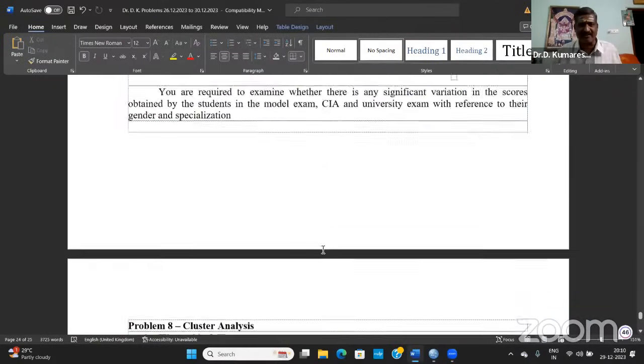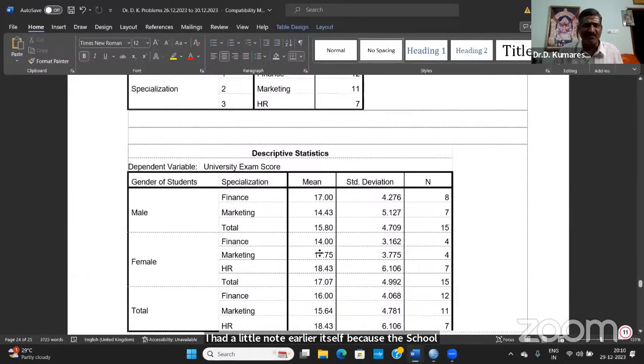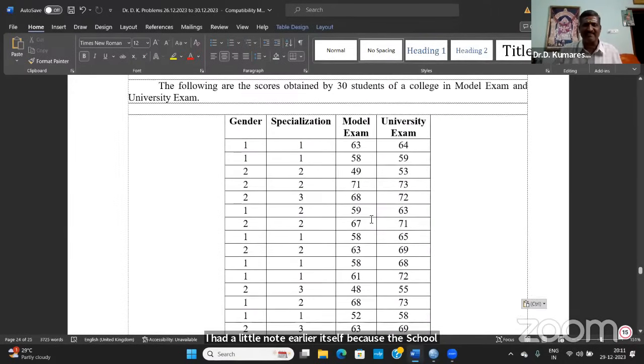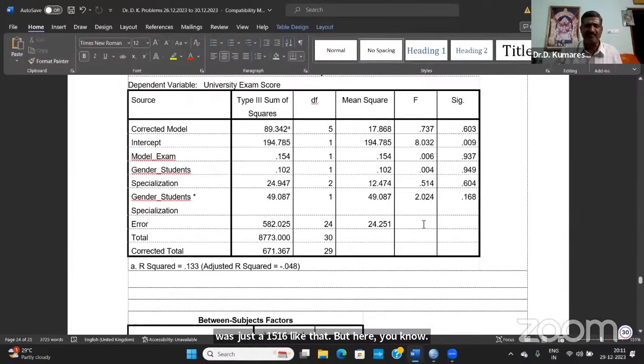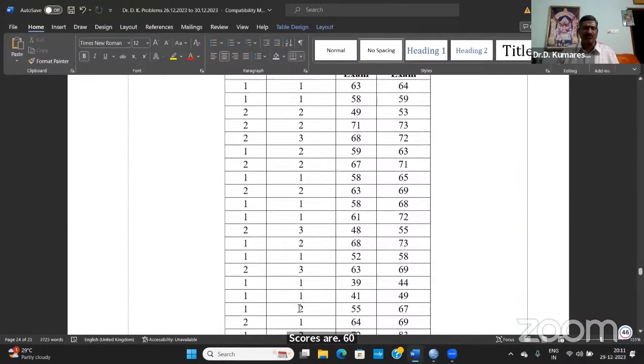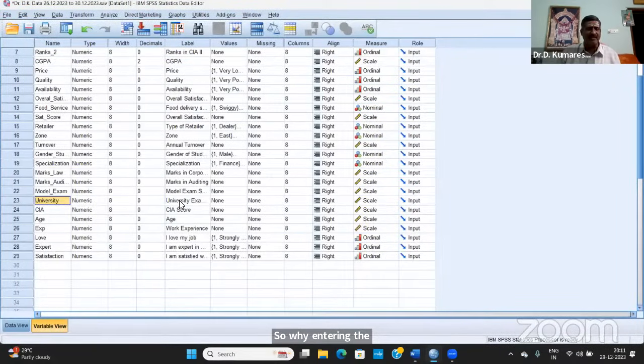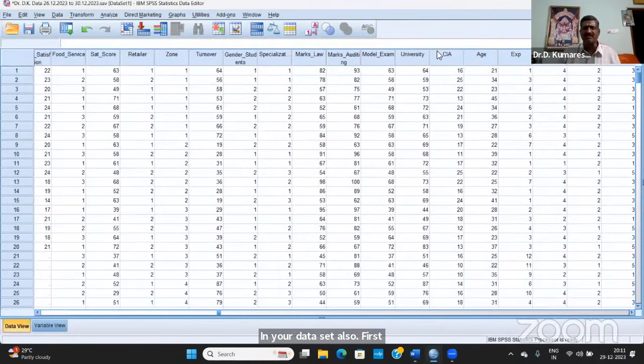I had a little doubt earlier itself because the score was just 15, 16 like that. But here the scores are 60, 40 like that. So while entering the data, it is wrongly entered. You please change this in your data set also. First one is university marks and second one is CIA marks. Okay, right. Now it is very clear.